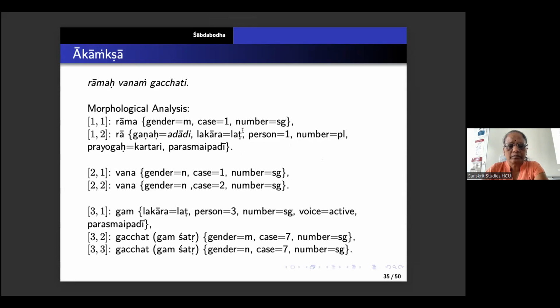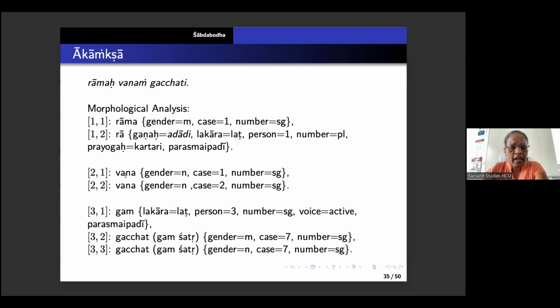Then the tense is present tense, which is called lat. First person, this is the first person plural, and it is in active voice.